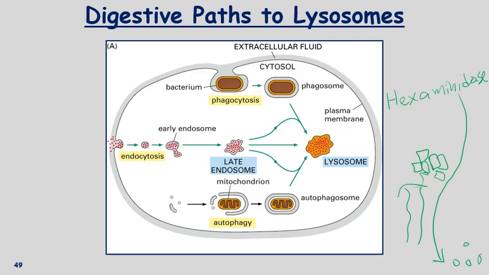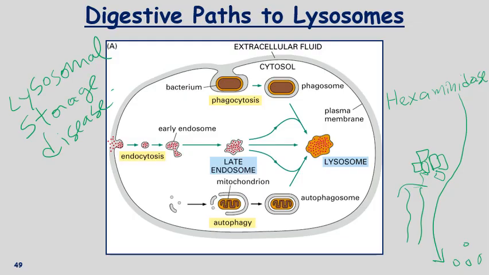Everybody got that? Lysosomal storage disease, or diseases. So the entire process means that you have to go through this vesicular transport, you have to dump it in the lysosome, and the molecule has to work.